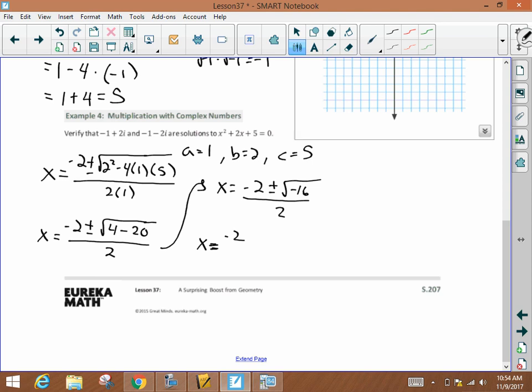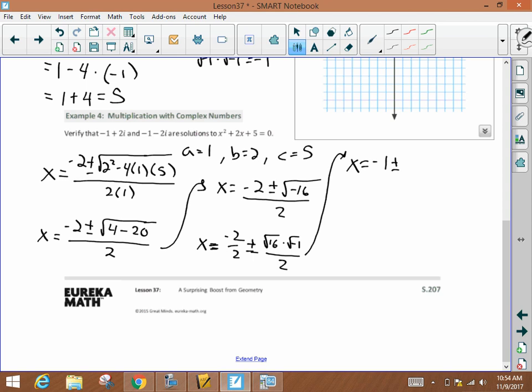That's negative 2 over 2, plus or minus the square root of negative 16 over 2. Just showing you the in-between steps there. So negative 2 over 2 is negative 1.